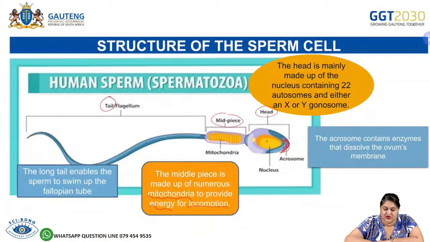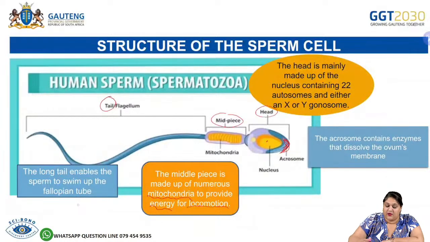So here also it has the same function of providing energy, but in this instance it's going to provide the energy for the sperm to move. And then we've got the long tail. Important that you know that it's a long tail, and it enables the sperm to swim up the fallopian tube. So it allows the sperm cell to swim.